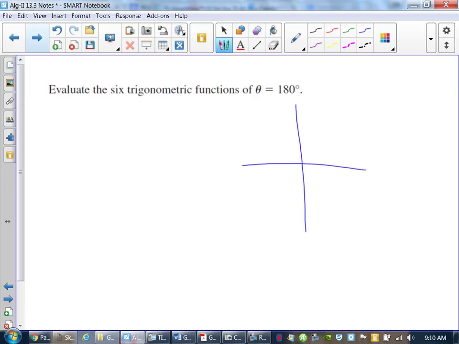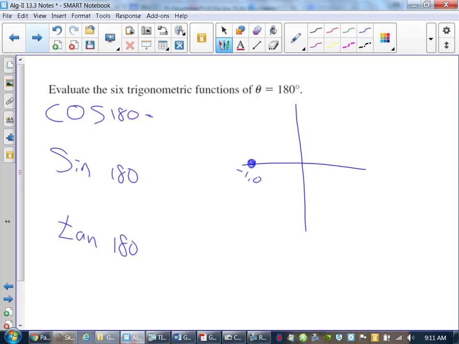If my ordered pair is at negative 1 and 0, what's your x value at 180? Negative 1. What's the y value at 180?